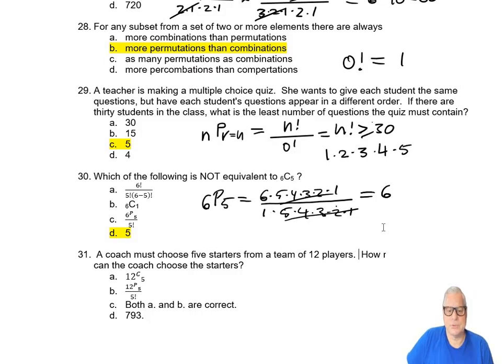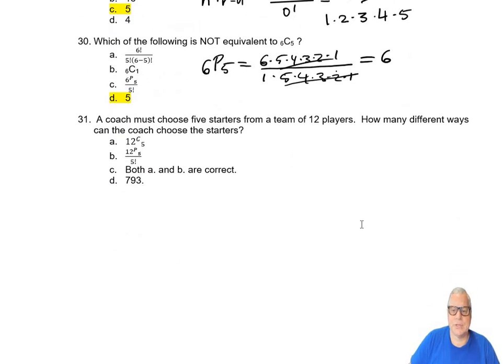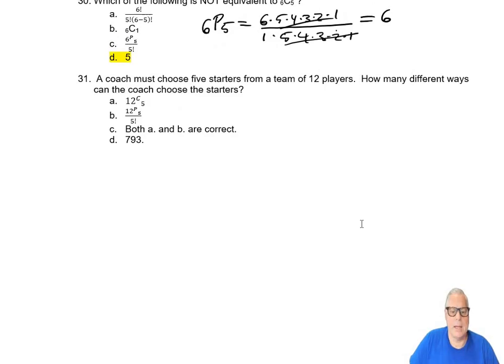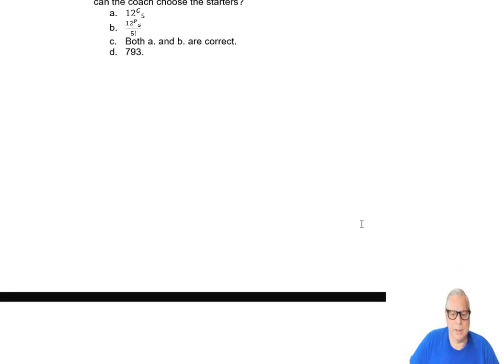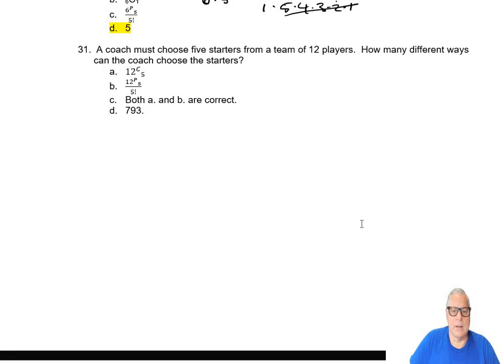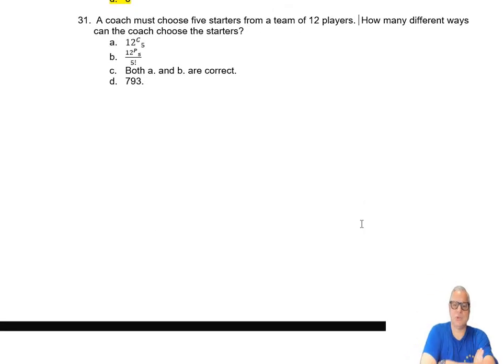Okay, so here's another problem. A coach must choose 5 starters from a team of 12 players. How many different ways can the coach choose the starters?